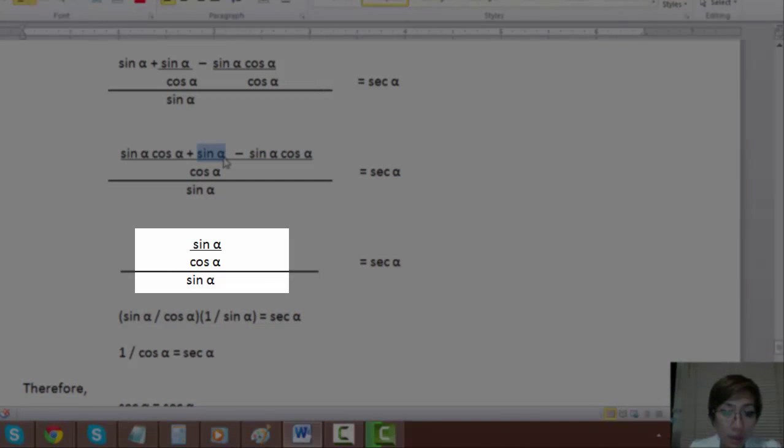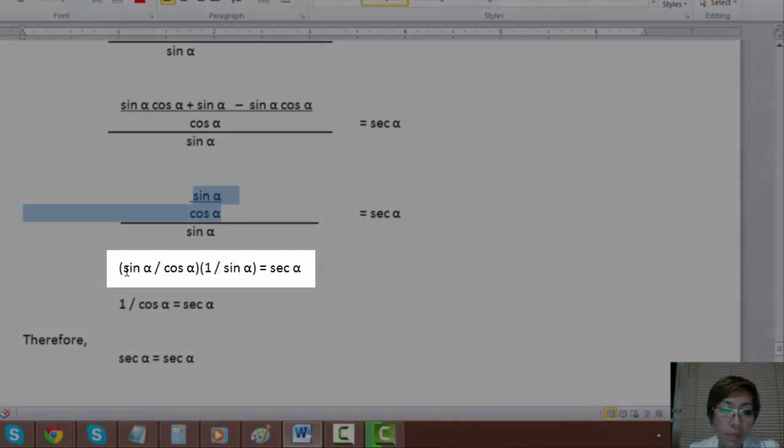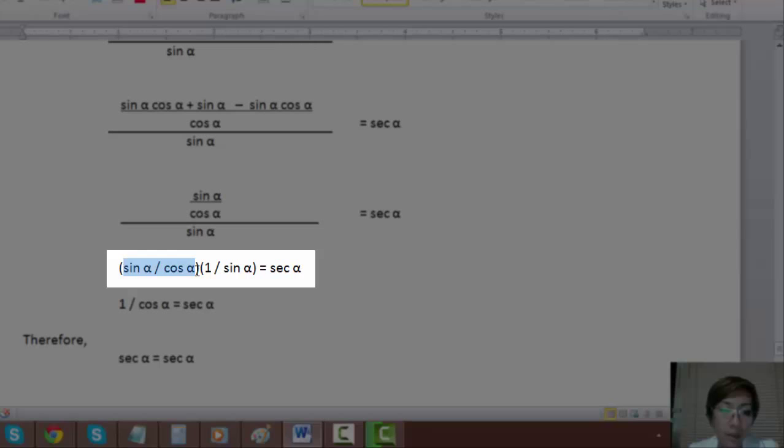And since this is a division of fractions, this is the first fraction, so we have here sine alpha over cosine alpha divided by sine alpha, or if we take the reciprocal of this one, it means we simply have to multiply that one by the first term.